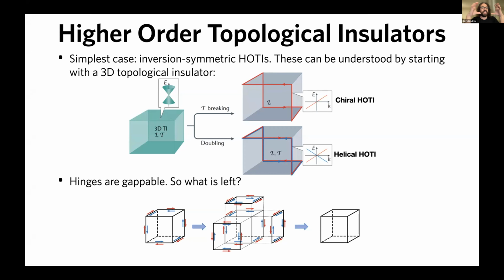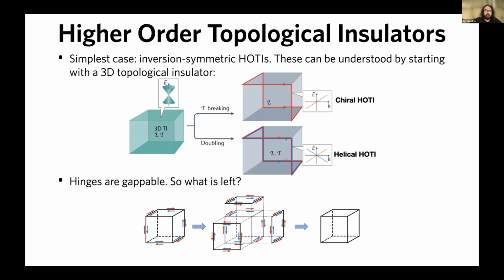Or what I can do is take a 3D TI with inversion and time reversal and double it. So I double the number of occupied bands, and then I get a helical hinge state in inversion symmetric geometries. So these hinges are gappable by gluing 2D topological phases, either Chern insulators in the chiral case or 2D TIs in the helical case, to the surface.